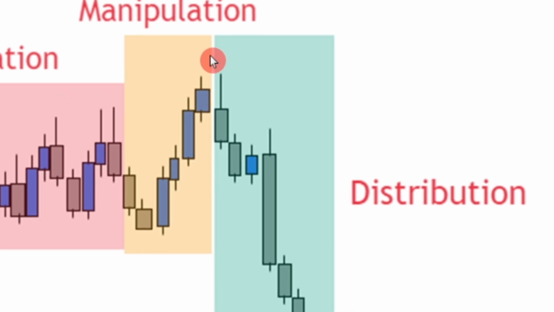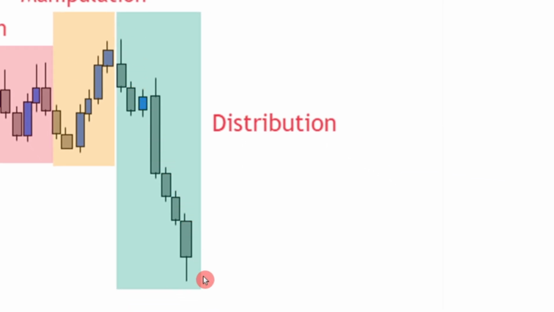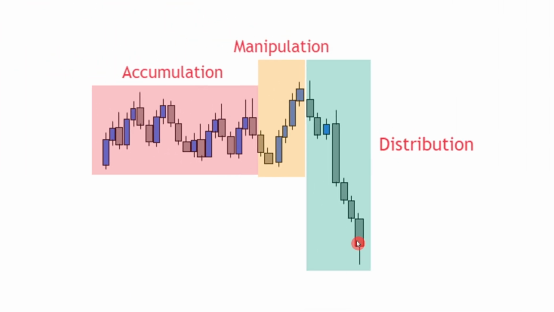And finally, we have distribution, which is the true move, the expansion that delivers price in the intended direction after the manipulation phase. Think of it as the market's rhythm: it accumulates orders, manipulates traders, and distributes price towards the target area.